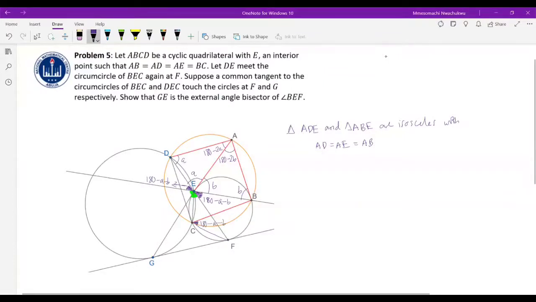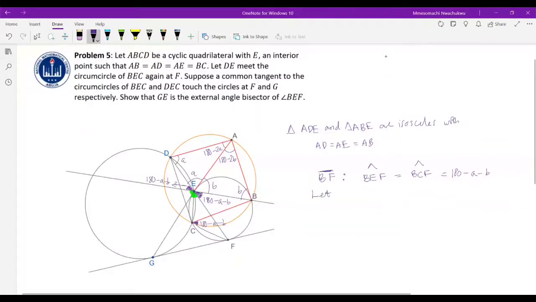Because we have a cyclic quadrilateral. So the chord BF subtends the same angle. Based on chord BF, or arc BF, we have that angle BEF is equal to angle BCF, which is equal to 180 minus A minus B.